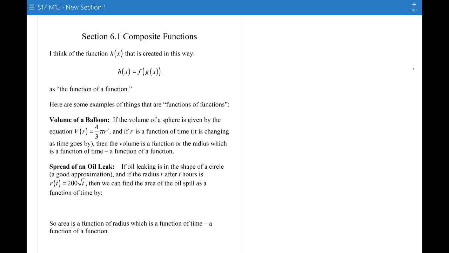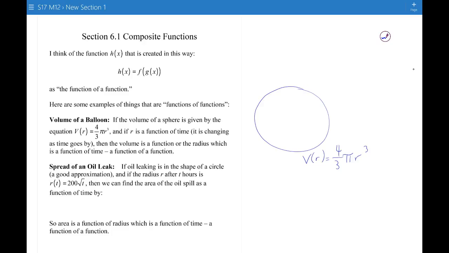So there's lots of examples of things that are functions of functions. They're more complex. The relationship between the things is more complicated than a simple, say, linear relationship or quadratic relationship. So if you're talking about the volume of a balloon, you would be talking about the volume of a sphere, and it's 4/3 pi r cubed. That's the volume as a function of the radius.